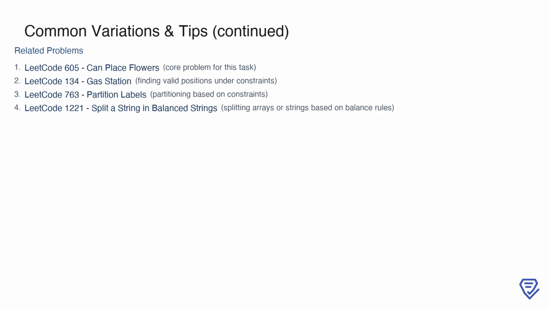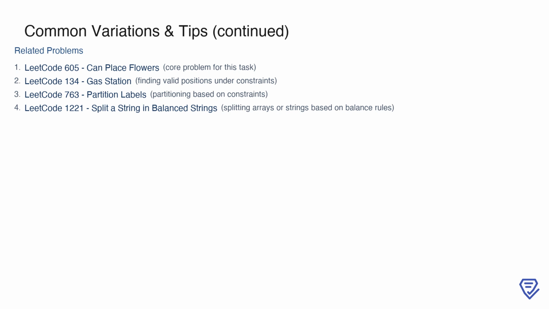This problem shares underlying principles with a few related problems that can help you strengthen your understanding of constraints-based problem-solving. Of course, the core problem here is LeetCode 605, Can Place Flowers, but there are other challenges worth exploring. For example, LeetCode 134 Gas Station focuses on finding valid positions under specific constraints, which is conceptually similar.